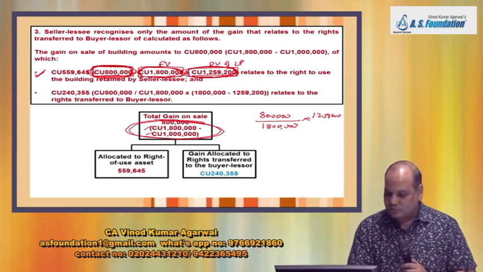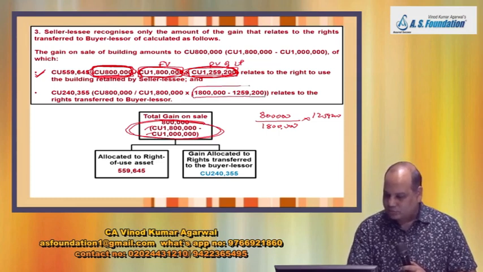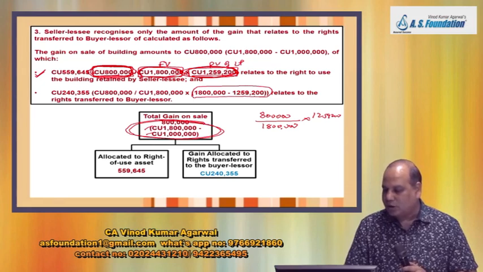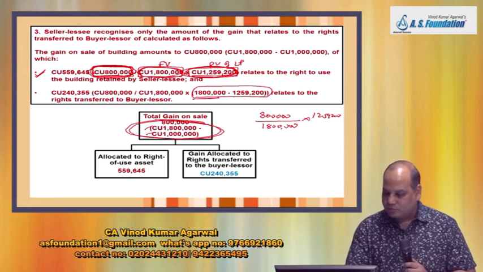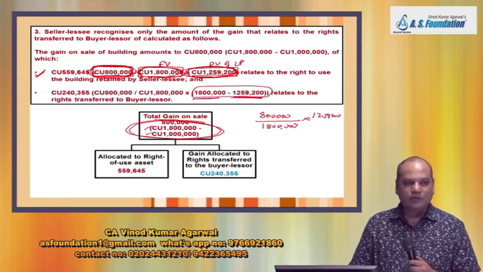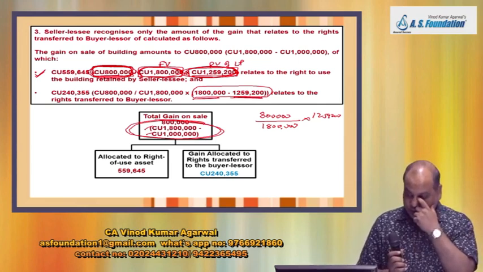Okay, and if you want to try the rights transferred to the buyer-lessor, that also you can do proportionately: 8 lakh divided by 18 lakh into the remaining amount, 18 lakh minus 12,59,200. 18 lakh is the total fair value, and this is the present value of the rights retained, the lease payment present value.